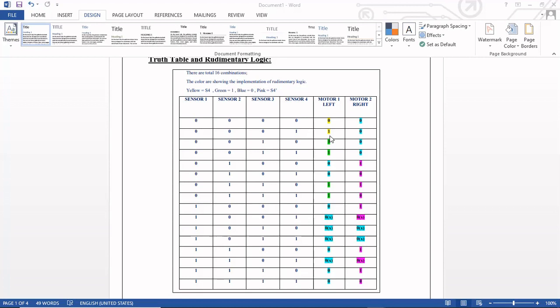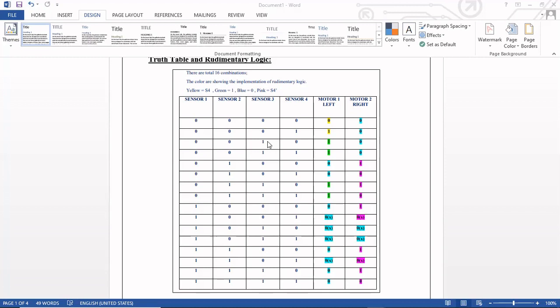In practical, we know that when we have to take a right turn, the left motor turns on. In the same way, I designed this truth table. So for the top right sensor, we have to take the right turn and the left motor is on, and there is one in the left motor.